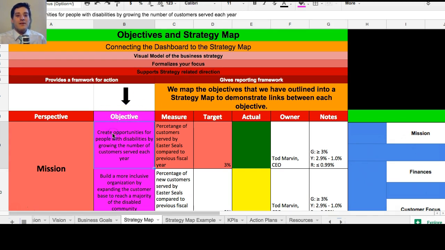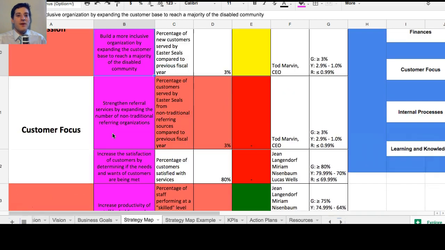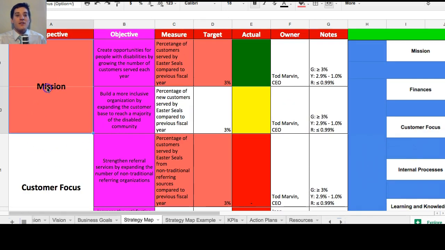If we remember, we spoke about our objectives. On the left-hand side, we had our perspectives: mission, customer focus, internal processes, learning and knowledge, and finances. Next to the perspectives, we actually have objectives, what we want to achieve.